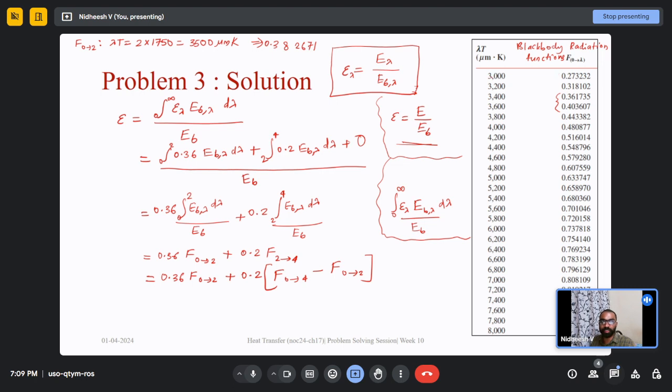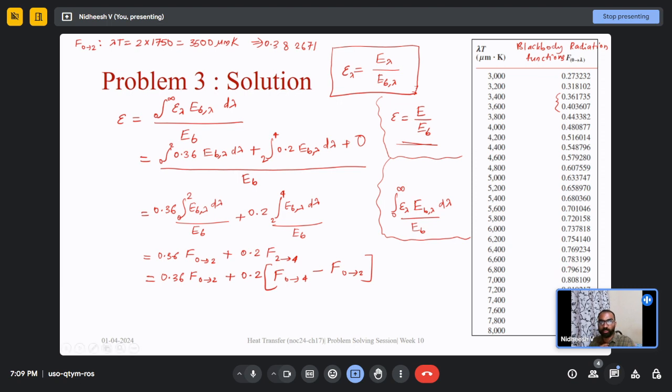When lambda T is small, F would be small, and as lambda T approaches higher and higher values, this value will approach 1. So actually when lambda T is very high, this value would be close to 1.